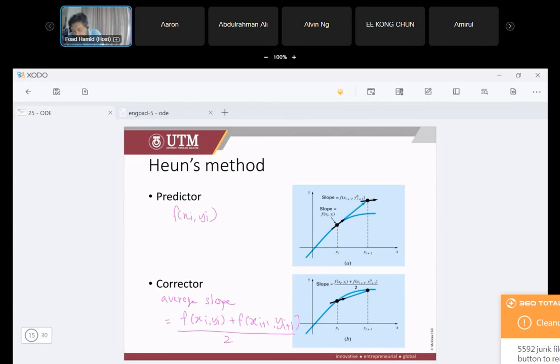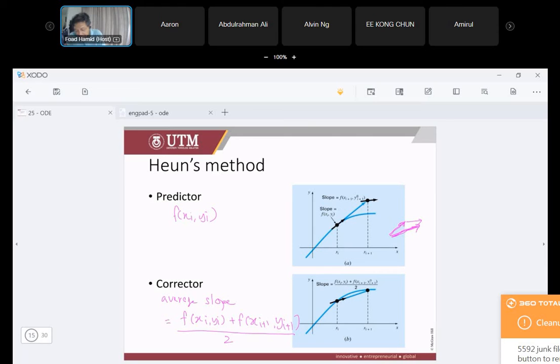So basically, if you look, this is the first slope, this is the second slope. So maybe if I draw, this is the first slope, this is the second slope. So the average might look something like this. It is not as steep as the first one, but not less steep than the second one, because this is the average.